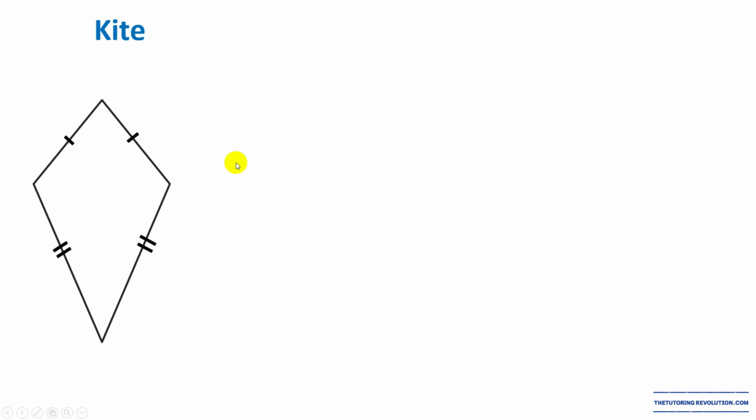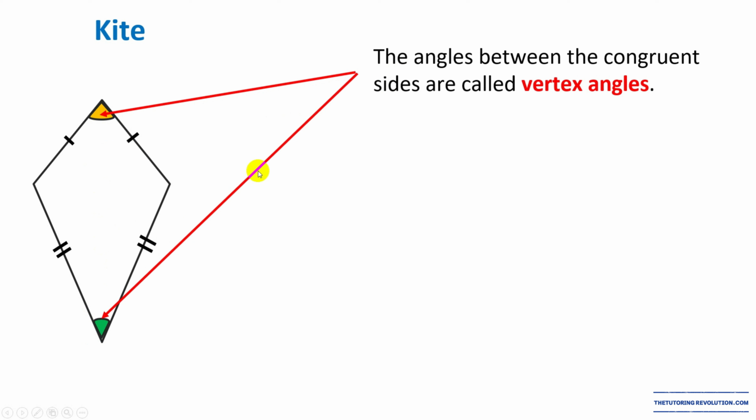Now, this is a kite again. These two sides are congruent to each other, and these two sides are congruent to each other. We're going to have two angles here. These angles between the congruent sides are called vertex angles, okay?